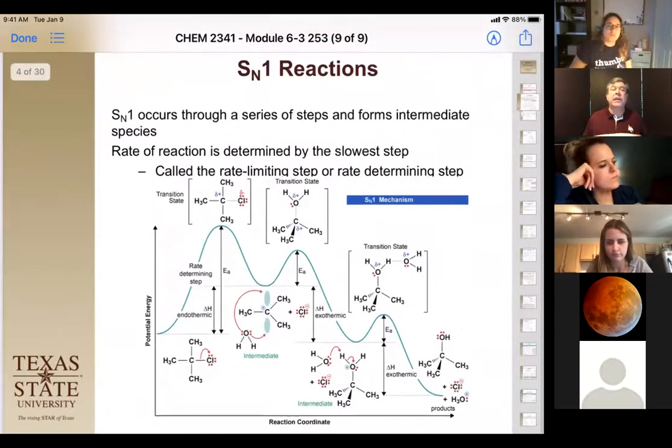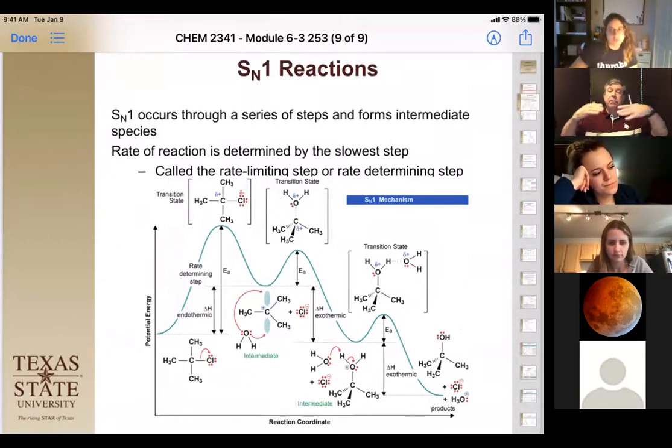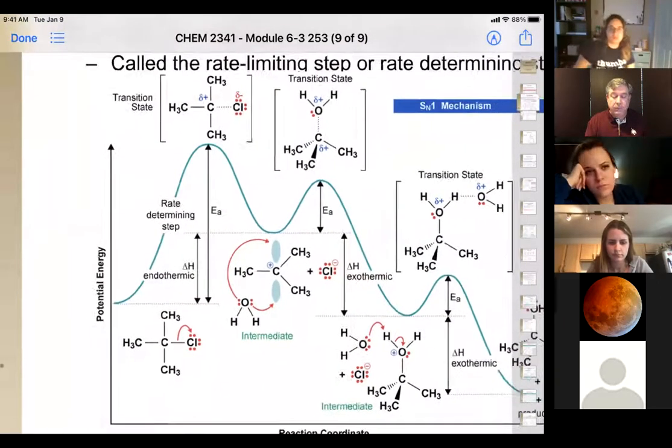So in the case of an SN1 reaction, we typically form a carbocation. So we have a two-step reaction at least, and in this case, I'll show you a three-step reaction with a carbocation. So what's the first thing that has to happen? Because we're not actually just making and breaking a bond at the same time, we have to break a bond first.